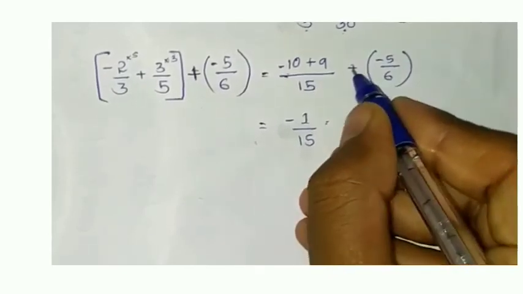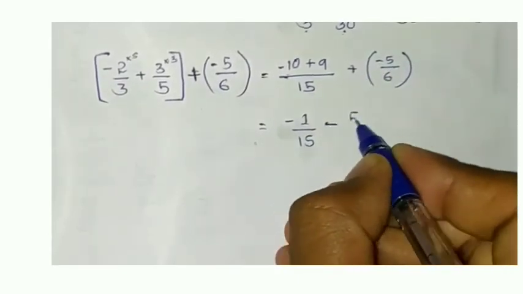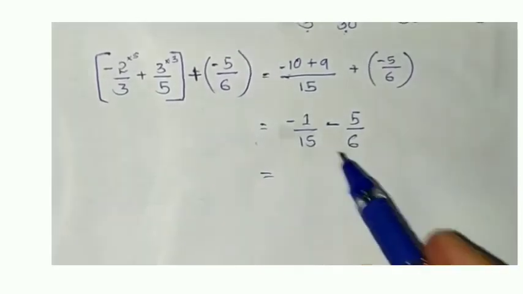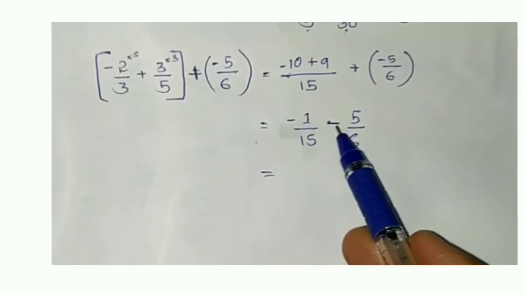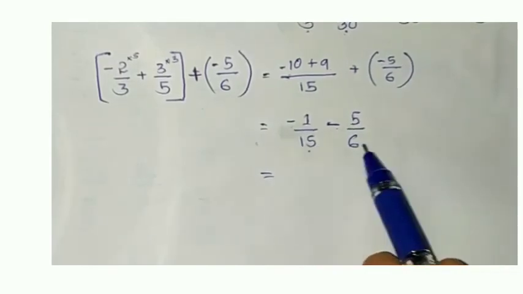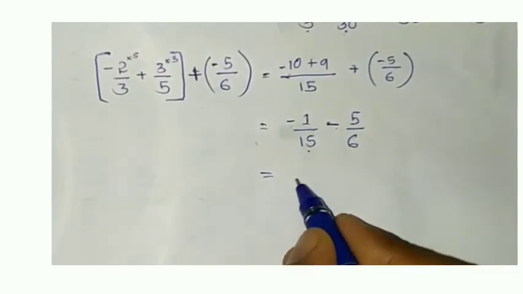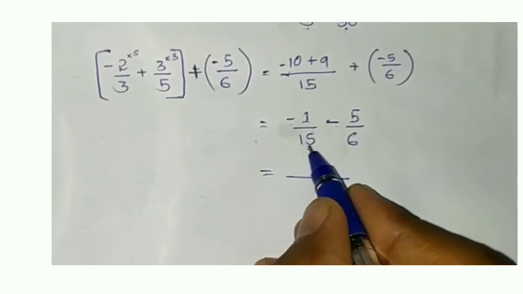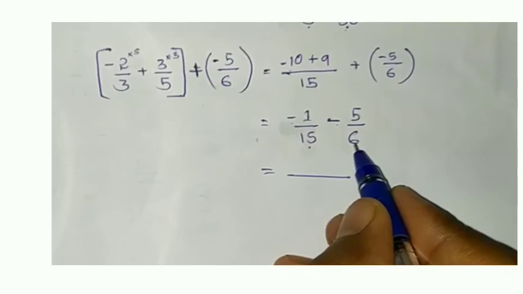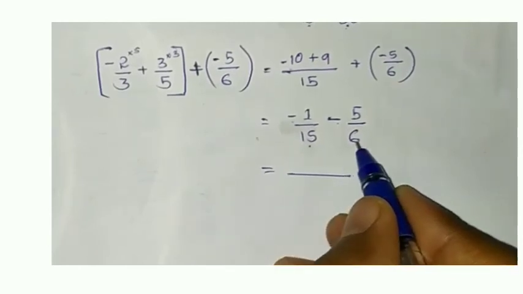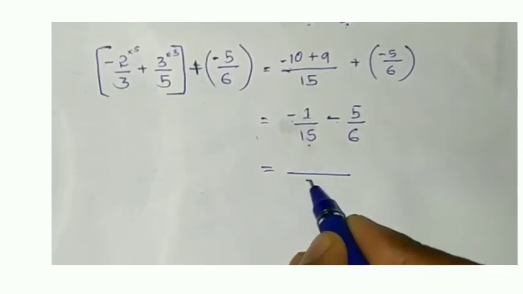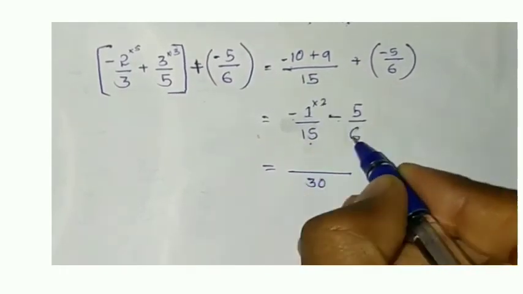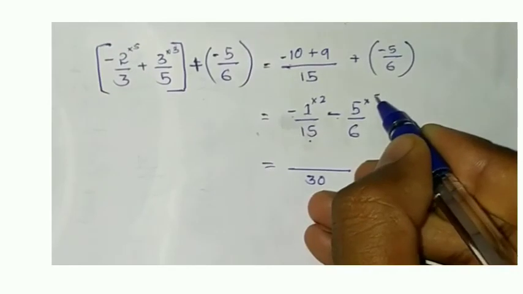Here plus into minus, minus 5 by 6 equals, now minus 1, here minus 5 is there, but here the denominators are different, so make them equal, 15 and 6. Take the 15 table, 15 ones are 15, in the 6 table it is not there, 15 twos are 30, so it is there in the 6 table also. That's why 30 is our LCM. 15 twos are 30, 6 fives are 30.